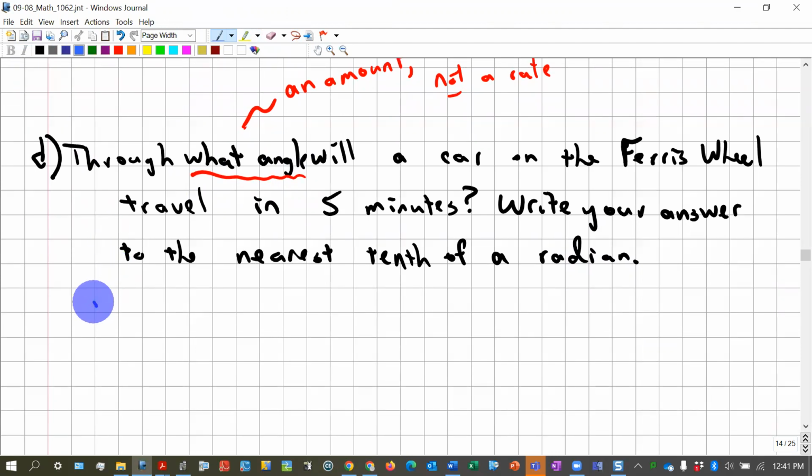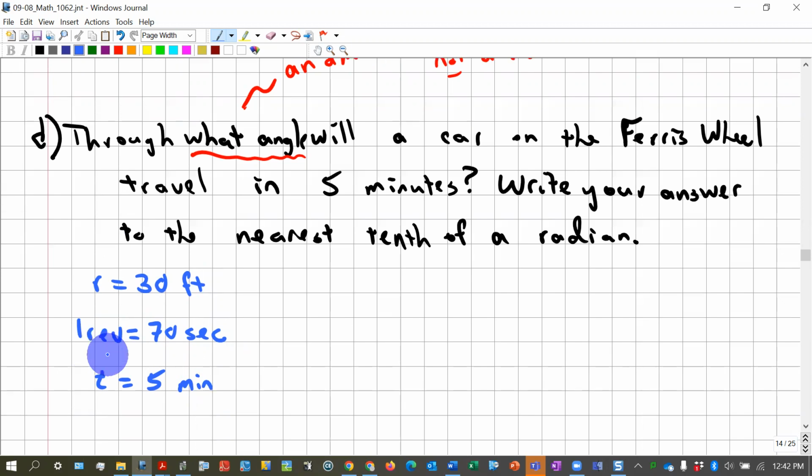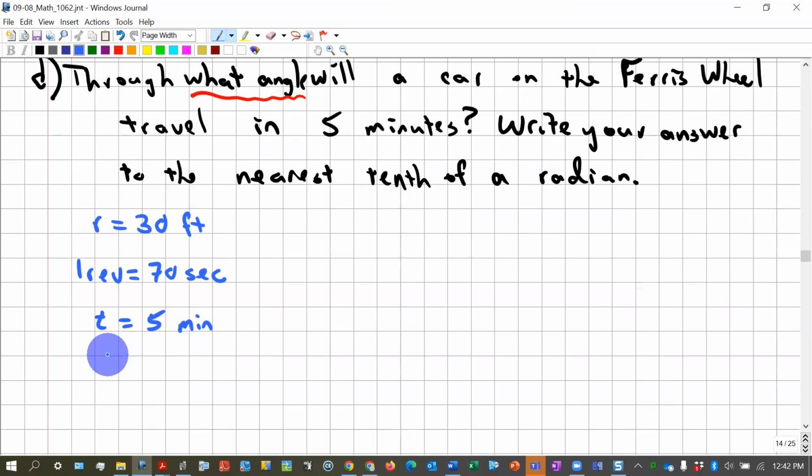And again, the facts that we have are the radius is 30 feet. One revolution takes 70 seconds. And the object is going to travel for 5 minutes. The angular speed is going to stay constant. So again, we want an amount. We need to start with an amount.